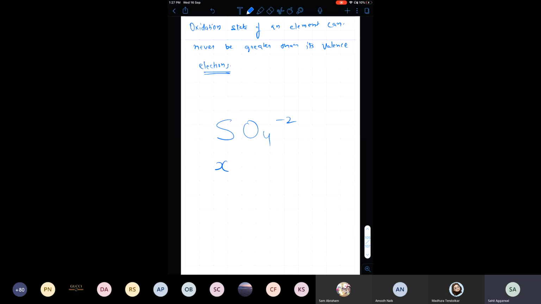Sulfur is X. Oxygen has -2 charge. Overall, the molecule has -2 charge. Just wait a second. Okay.